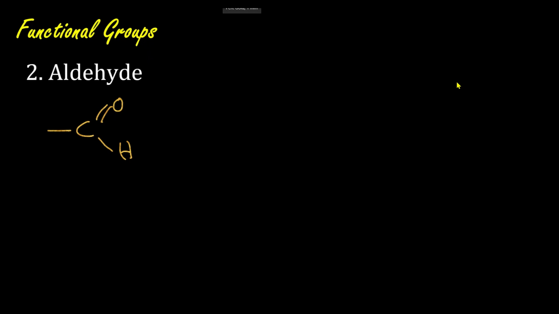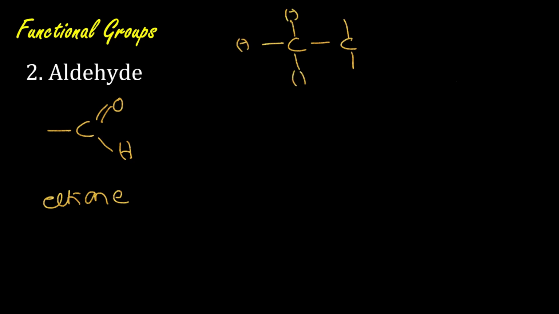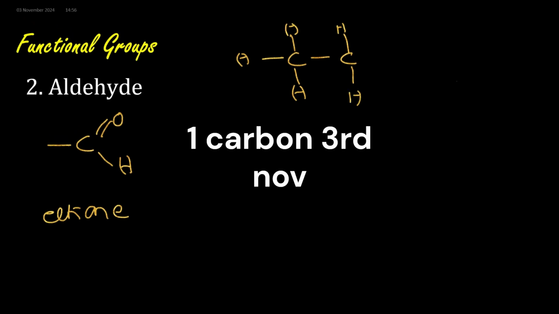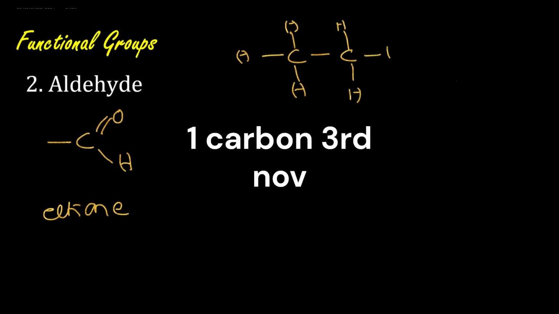Let's do some examples here. I'll first begin with two carbon atoms, then we'll come back to the one carbon atom. So first I'll write a compound, say ethane, and if I draw its structure, it is C, the first carbon atom bonded with 3 hydrogen, right?